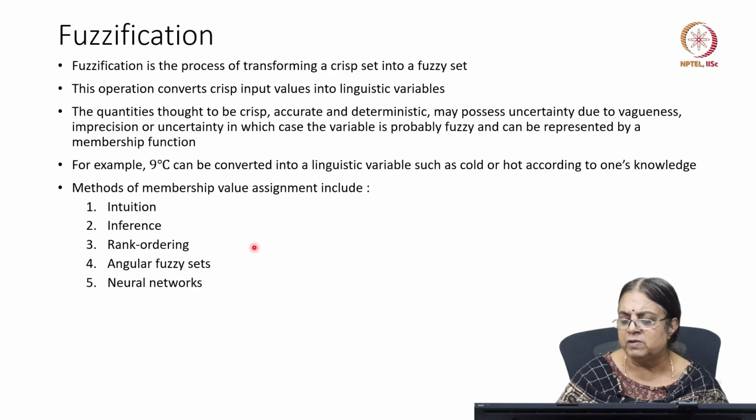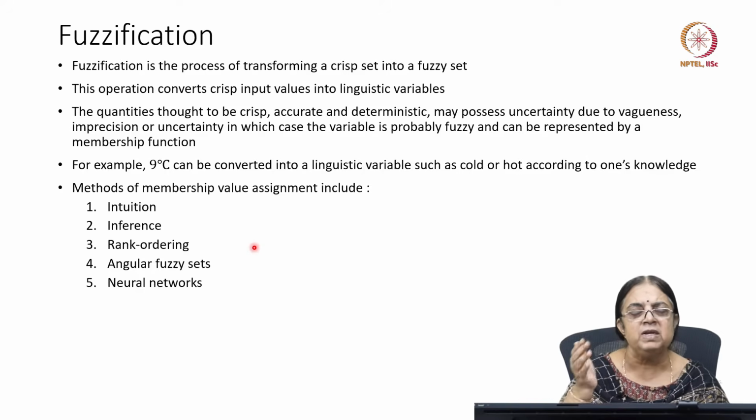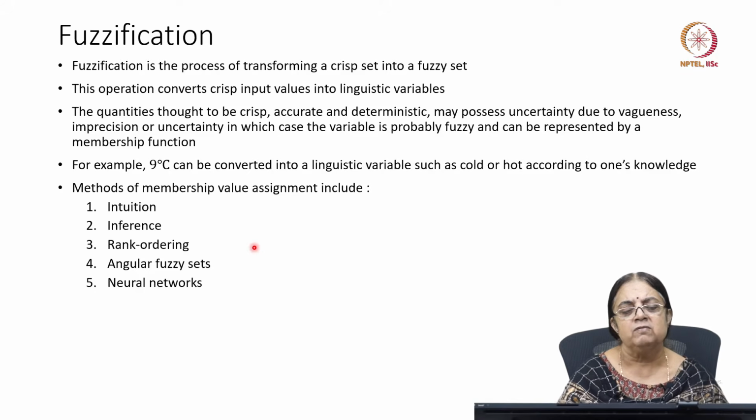So, for example, if you have say 5 temperatures or something, you could say that you will take the lowest temperature maybe as 0.2, and then you take the next temperature as 0.4, 0.6, etc. So, you could do some type of rank ordering, and depending on the rank ordering you can fuzzify it or get a fuzzy membership value.